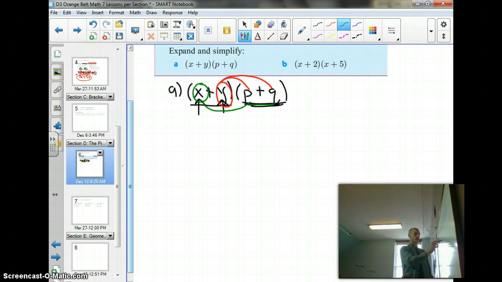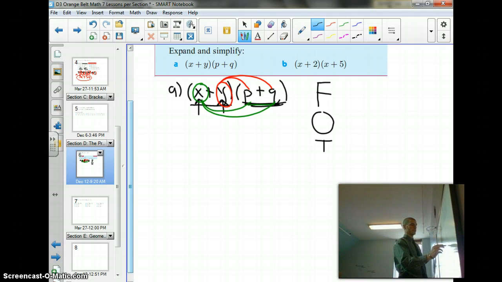So we have to go here, and we have to go here. All right, and let's see how that looks. Now there's a word for this, okay? FOIL. I'm going to write it like this because I'm going to write what it means beside it. So I'm going to rewrite this question just so it's a little neater.